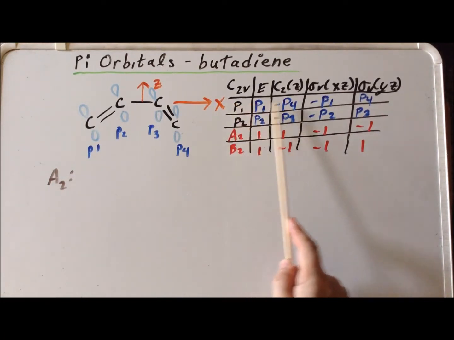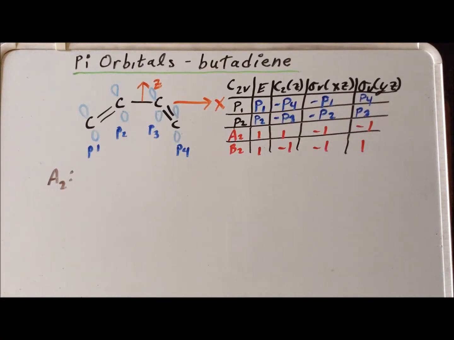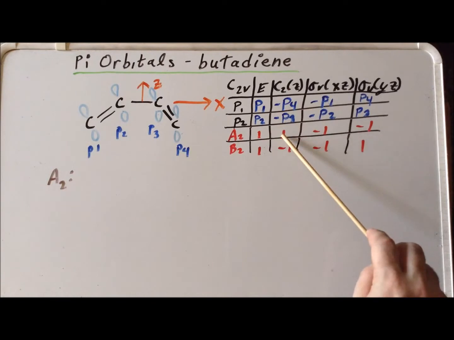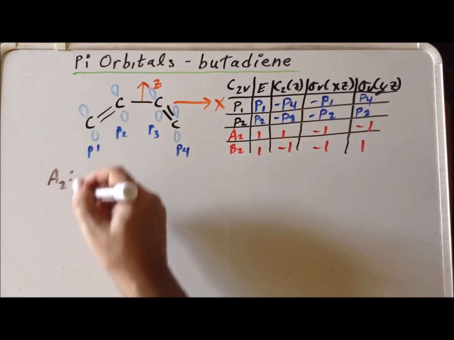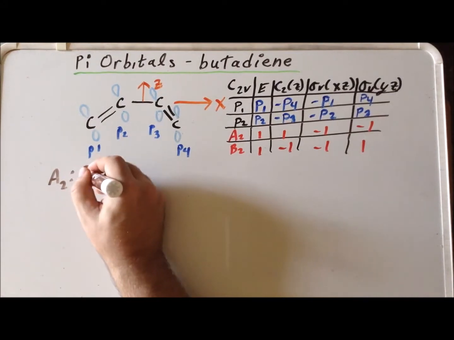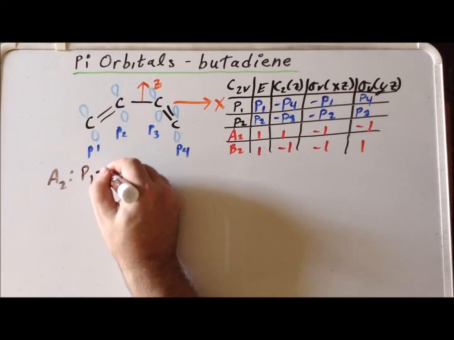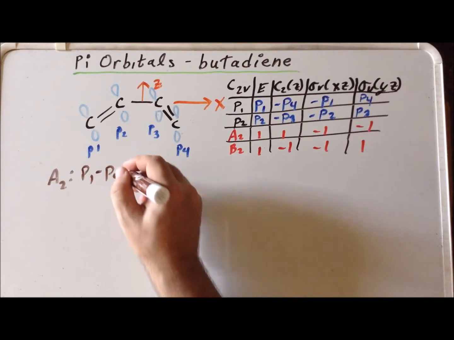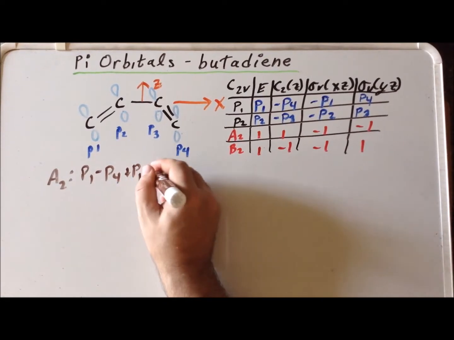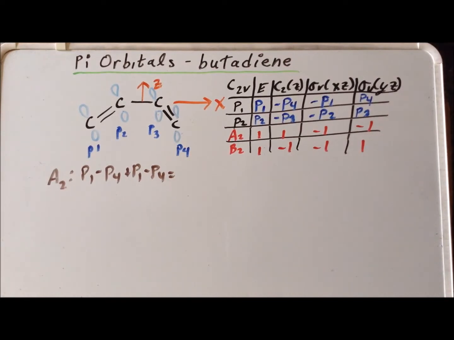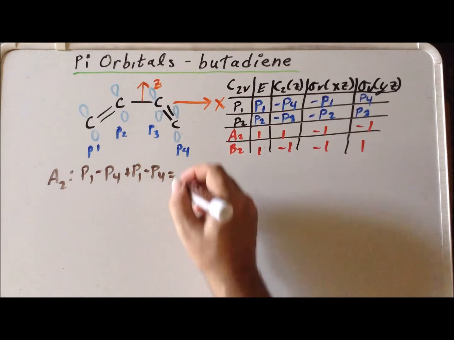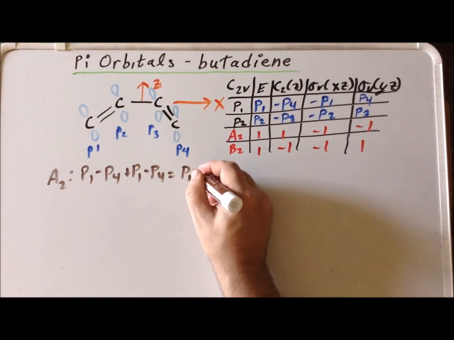So for the first row, P1, you multiply P1 times 1, then we add to that minus P4 times 1, and so on for each of the entries and add them together. When we do that, we see that we get P1 minus P4 plus P1 minus P4. And we can combine and reduce to lowest terms because we're going to make adjustments in the normalization constant at the very end. So we can write this simply as P1 minus P4.